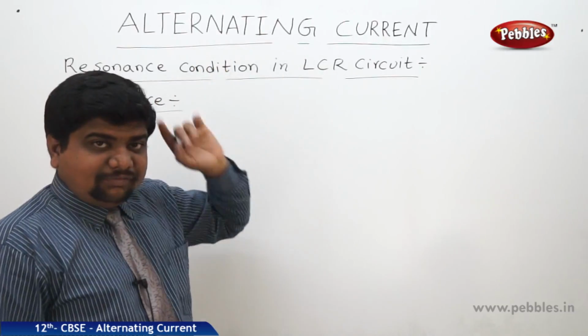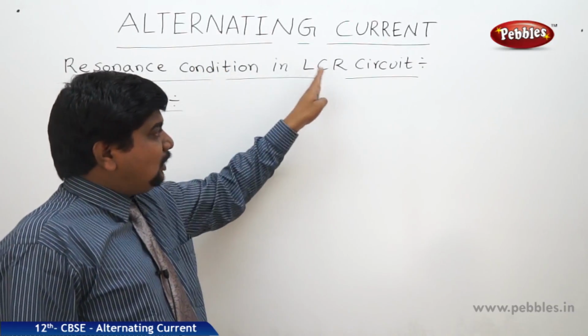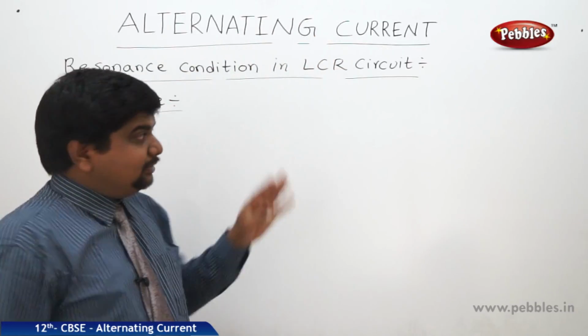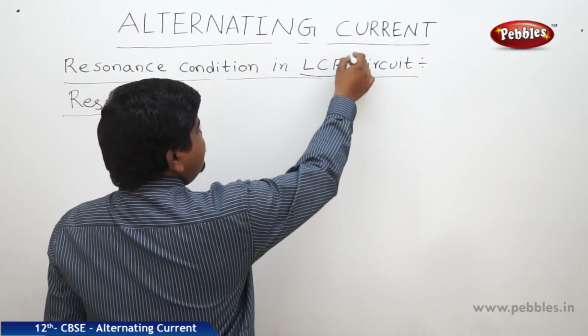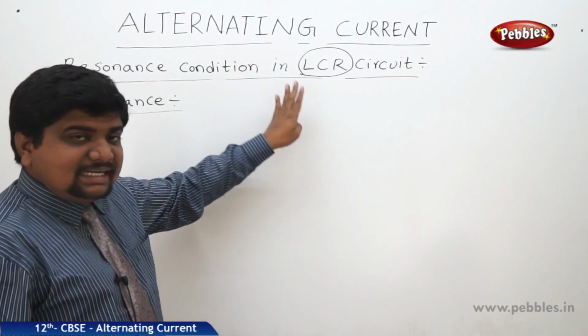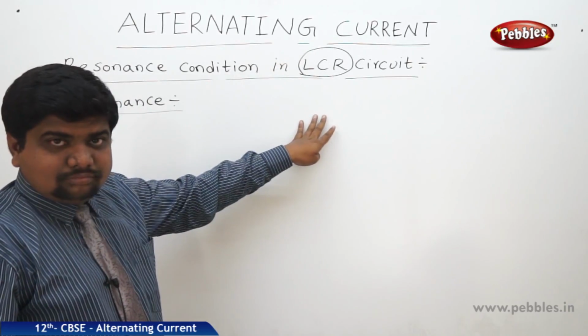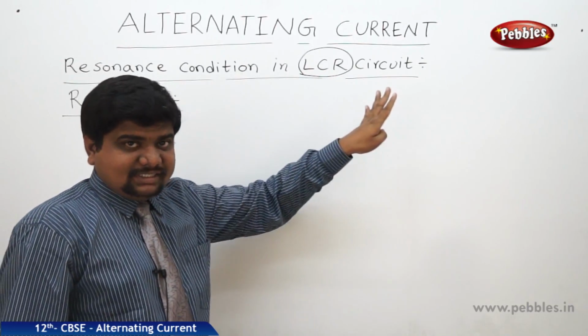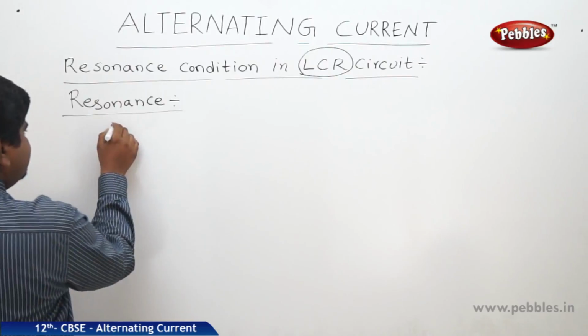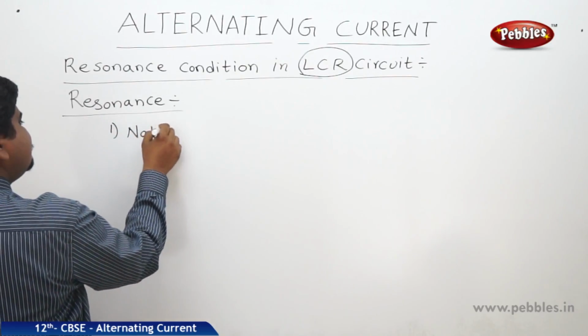So that's why the frequency of the tendency to oscillate at a natural level is called natural frequency. That means, I am repeating again, the LCR circuit has the tendency to oscillate by its own at certain frequencies. This frequency is called natural frequency. First condition, natural frequency.